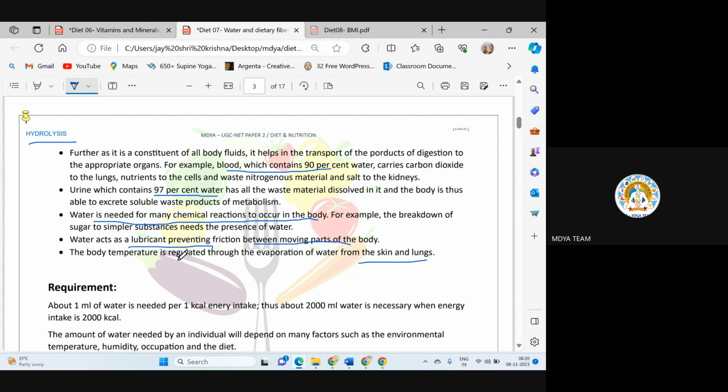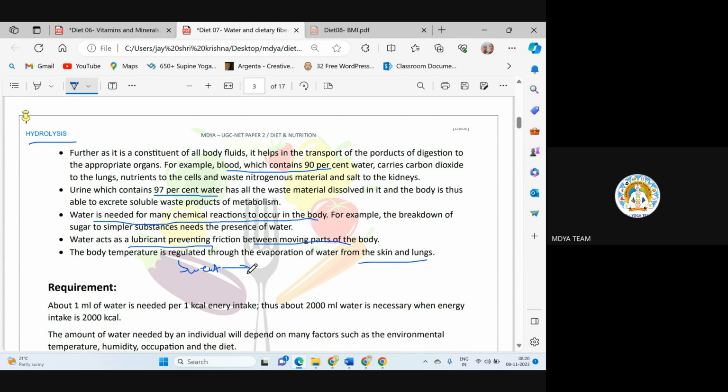Like when we sweat, our body temperature decreases, because our body is passing energy to that water and evaporating that water. So inside, our body temperature is getting down.